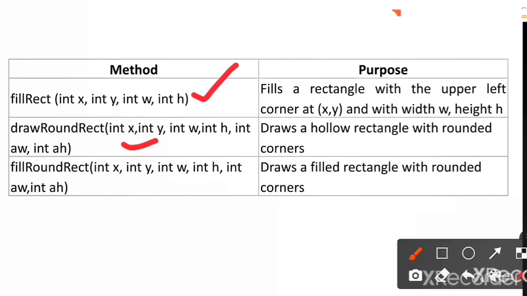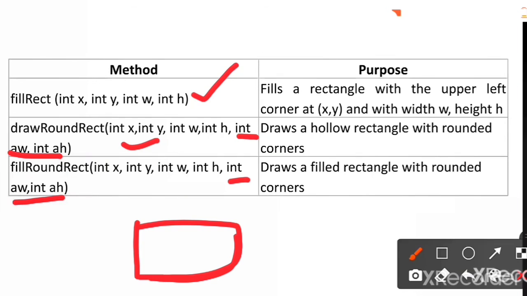As I told you, drawRoundRect and fillRoundRect take 2 additional parameters. These two values are the width and height of the angle of the corners of a round rectangle.